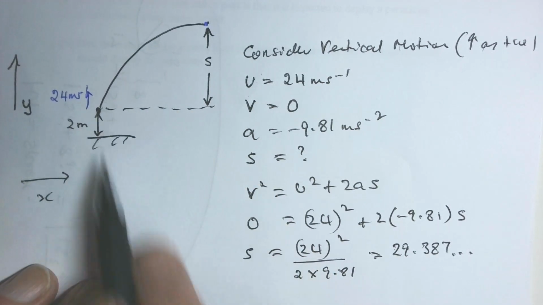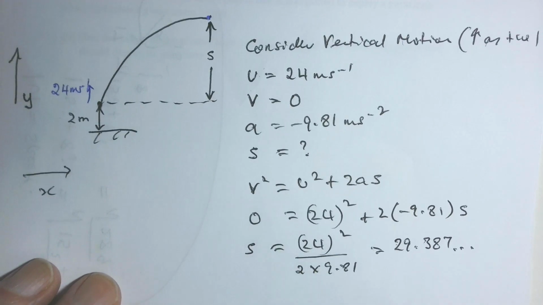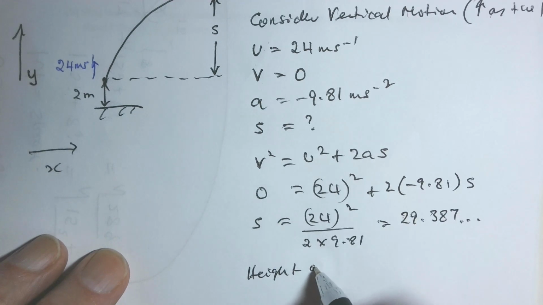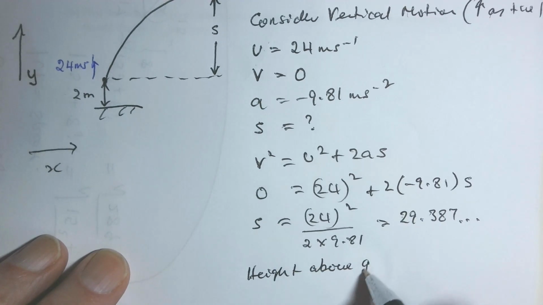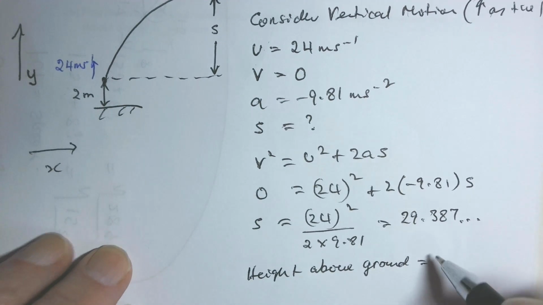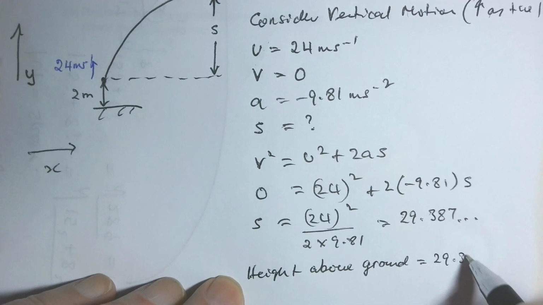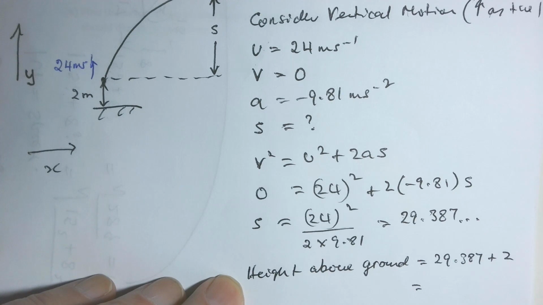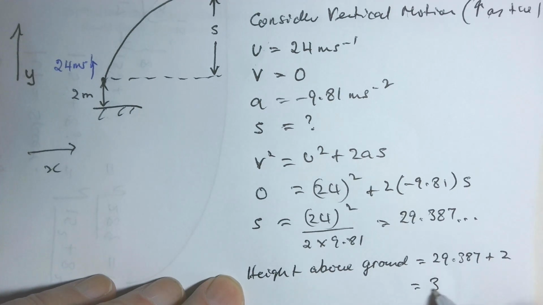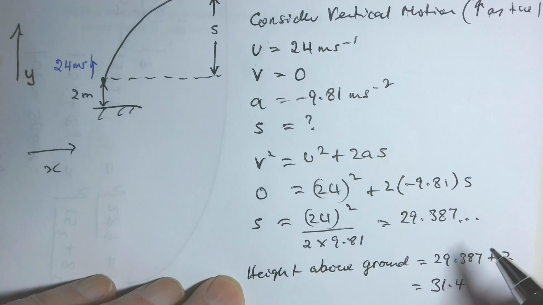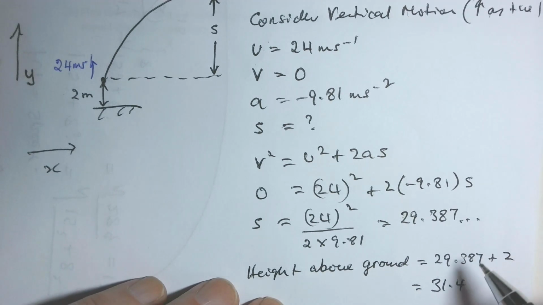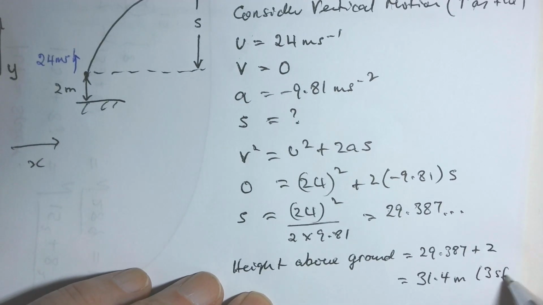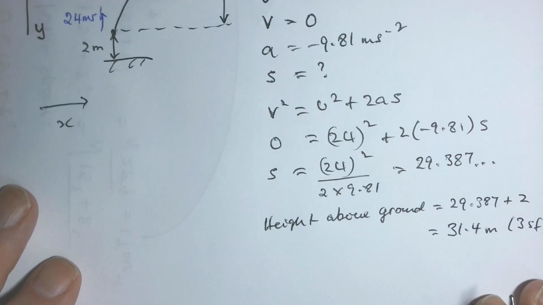So therefore we need to add on another 2, so height above ground is 29.387 plus 2, which is going to be 31.4 meters to 3 significant figures.